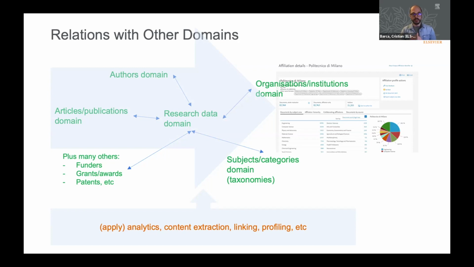You see there a pie chart, which is basically the institution's statistics based on a group of subject areas, like which are the more prevalent subject areas where the institution has put a footprint, for example. So these all help each other to create new business value.